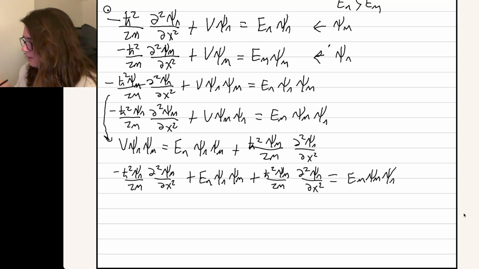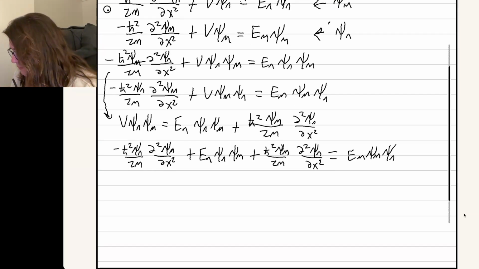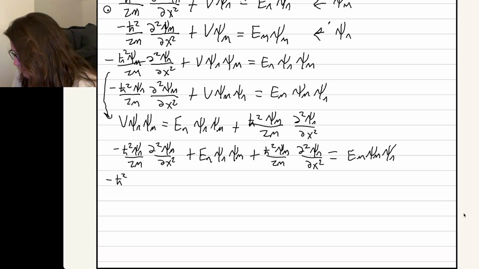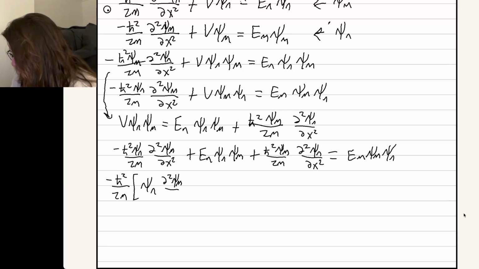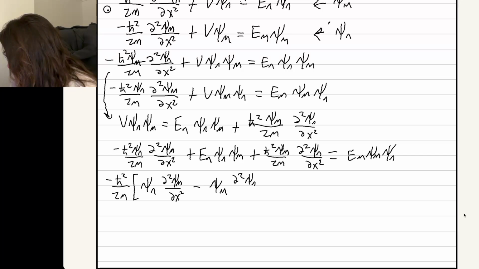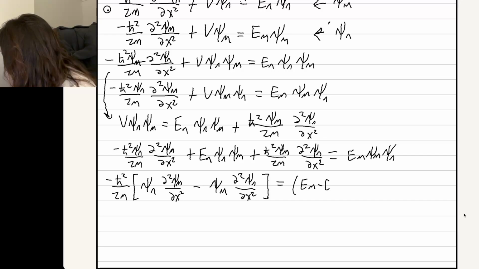I'm going to group this together in a way that's more suggestive by taking all the stuff which is proportional to minus h bar squared over 2m. Here we'll have psi n times del squared psi m del x squared minus psi m del squared psi n del x squared, and that is going to be equal to just Em minus En times psi m psi n.